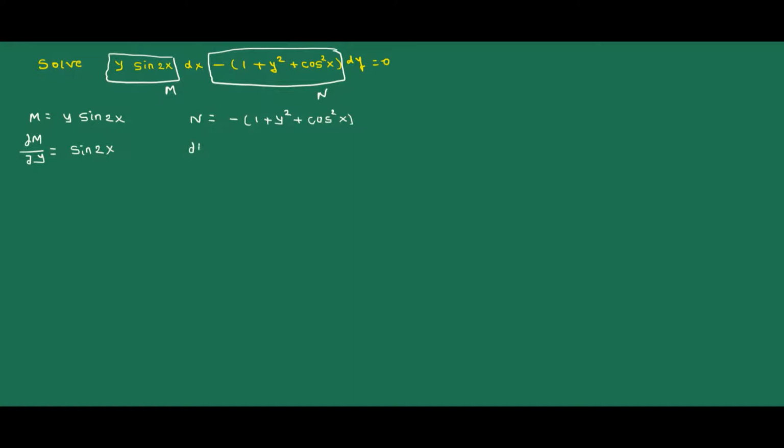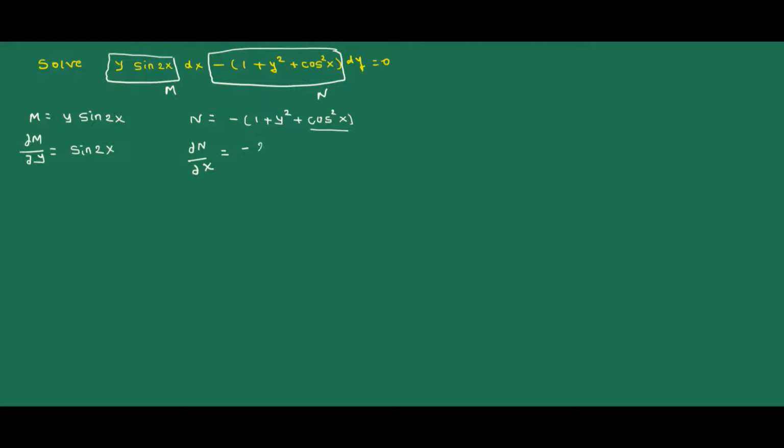Similarly, dou N divided by dou x, you have to differentiate the term containing x only. Minus as it is, 1 is constant, differentiation is 0, y is constant because we differentiate partially with respect to x, treating y as constant, so its differentiation is 0. What is differentiation of cos square x?